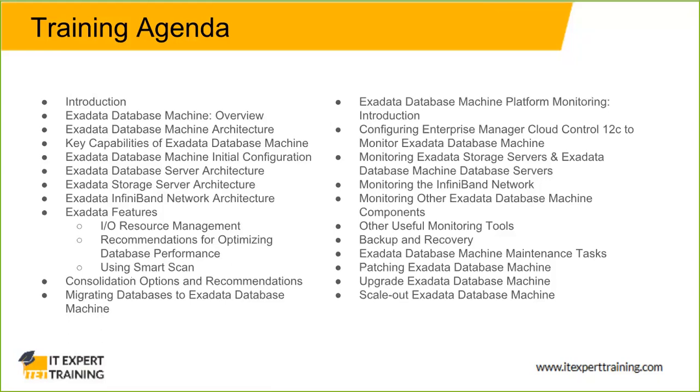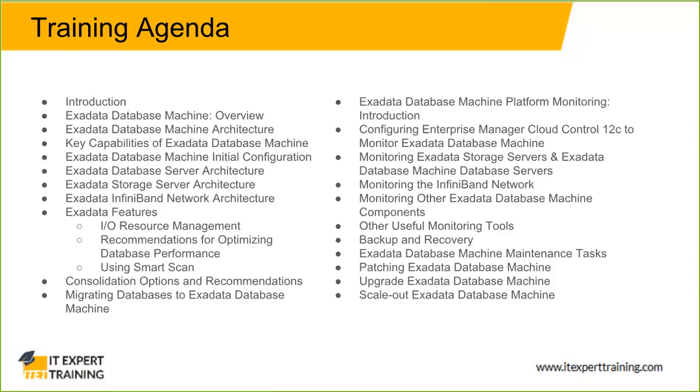Platform monitoring. How do you monitor your Exadata? How do you use some of the Oracle provided tools and monitor Exadata? And how do you actually run command lines? What are the command line options which are available, which you can use to query or monitor to understand your Exadata? As a DMA, how do you monitor it daily? How do you speak to your Exadata?